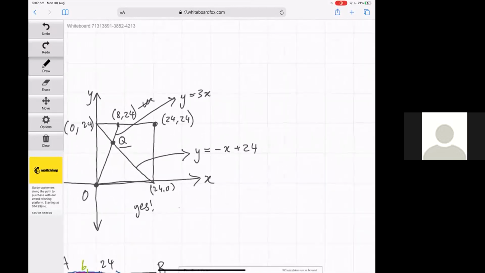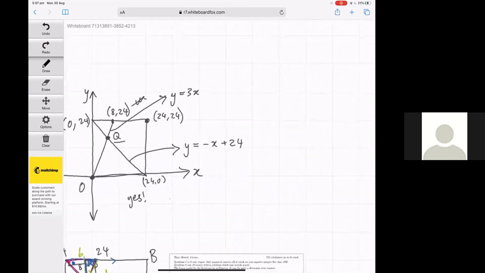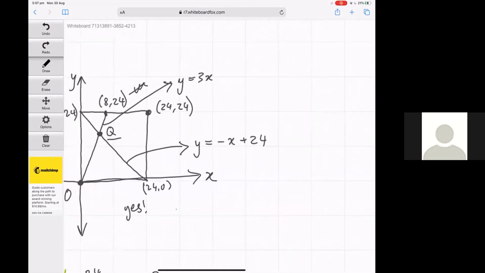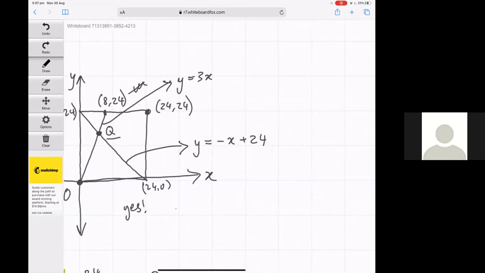To find the coordinates of Q, all we need to do is find the point of intersection. To find the x coordinate, just equate the y's.